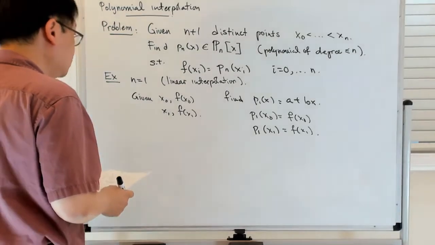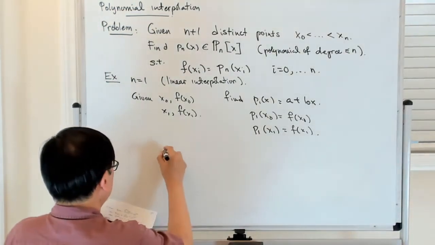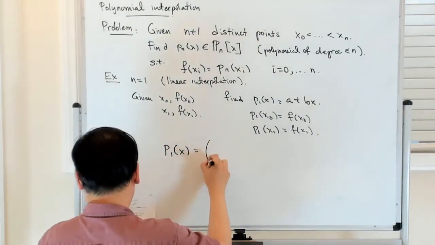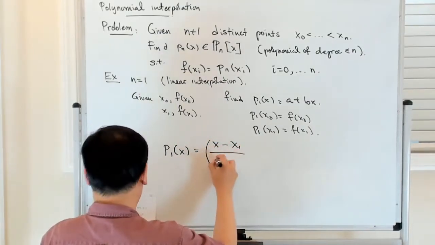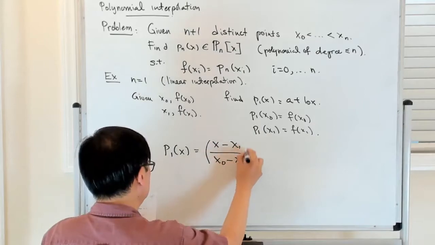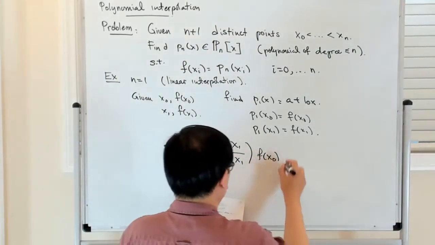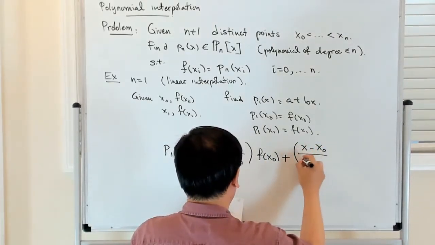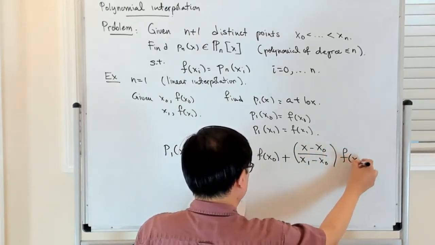I can write this in the following way: p1 of x is a polynomial of the form x minus x1 over x0 minus x1 times f at x0, plus x minus x0 divided by x1 minus x0 times f at x1.